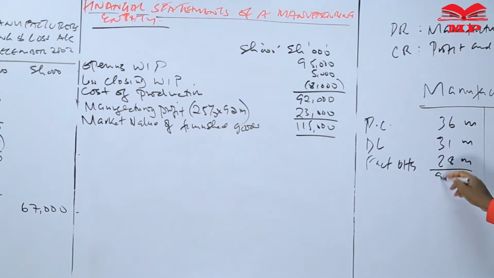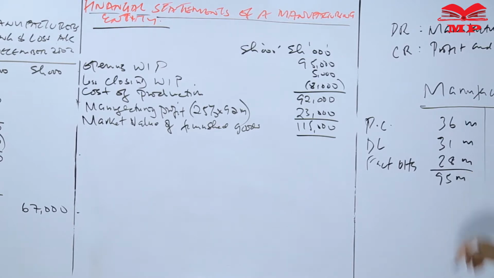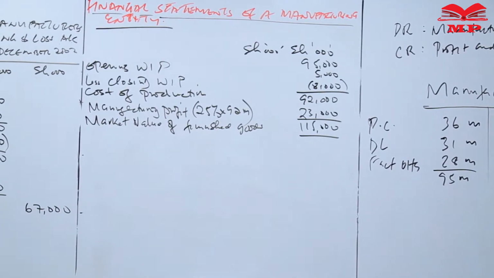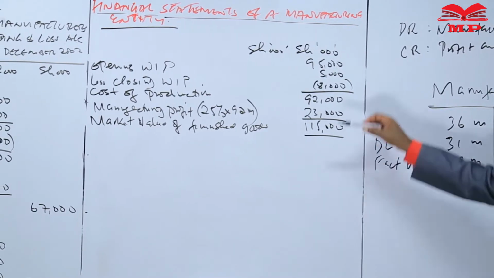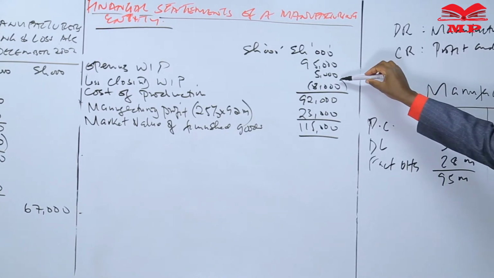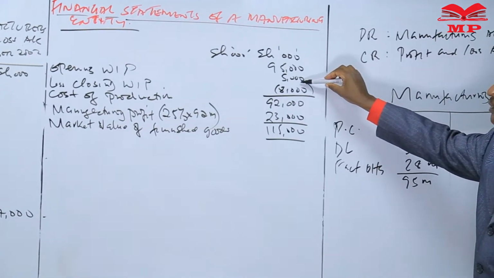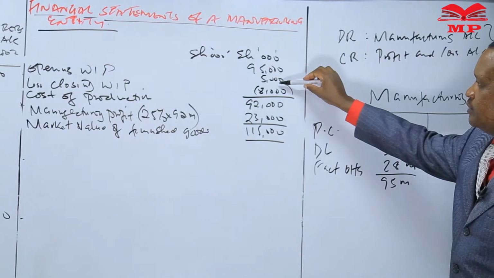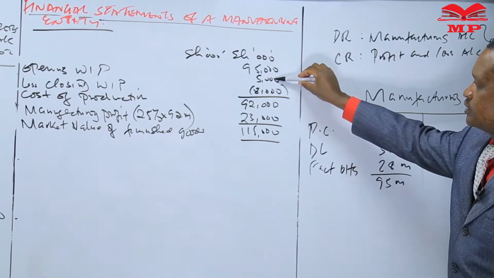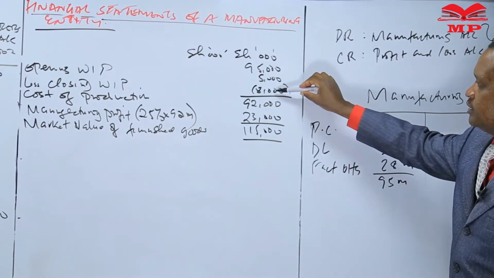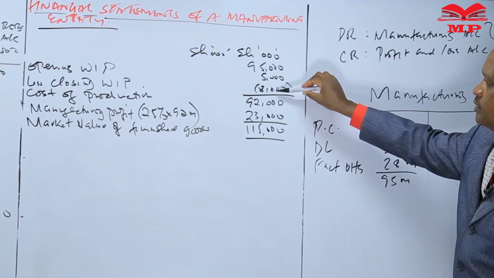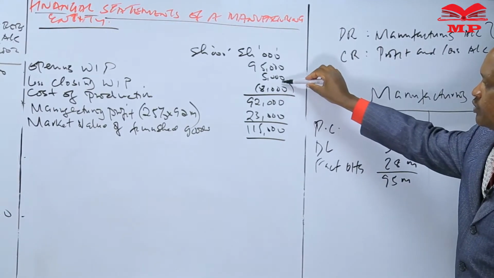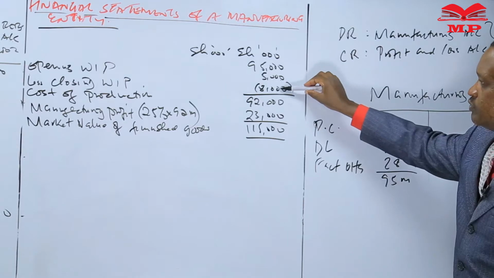This 95 million. Then we deducted the opening work in progress, and then deducted the closing work in progress of 8 million, 5 million.